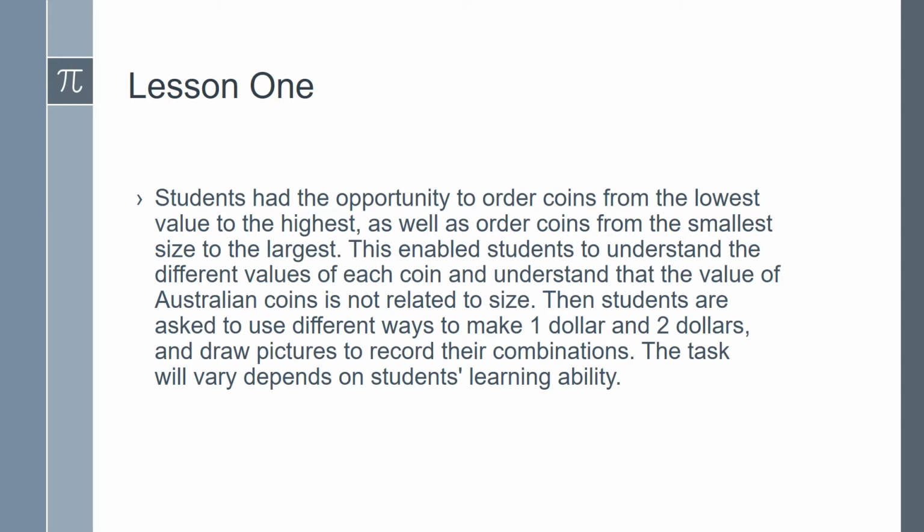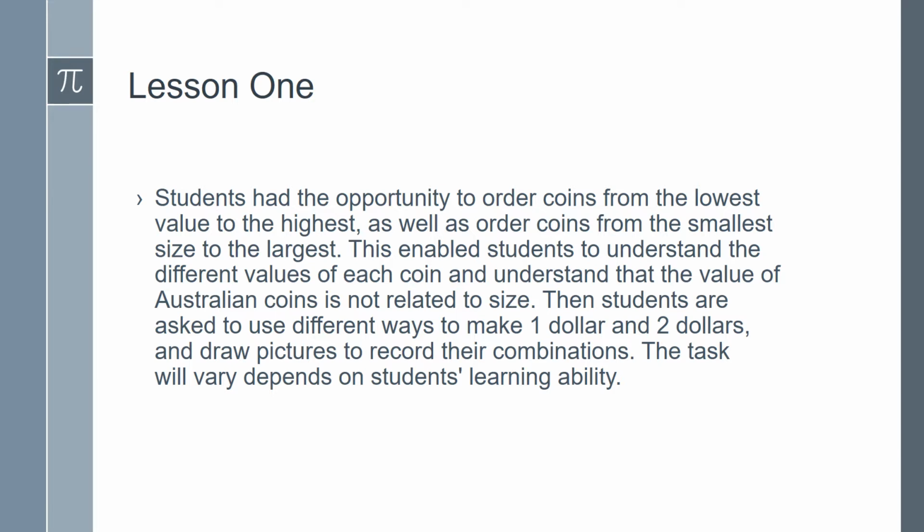In the first lesson, I allowed students to order coins according to value and size. This lesson enables students to understand the different values of each coin and understand that the value of Australian coins is not related to size. And then I differentiated the lesson by dividing it into 2 tasks.